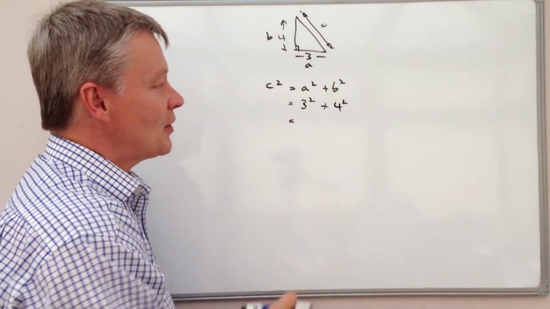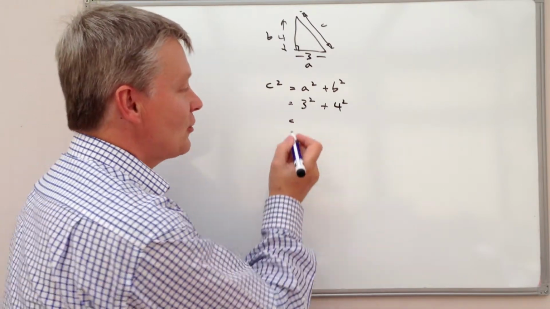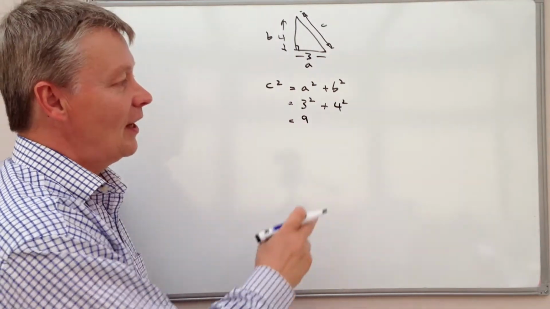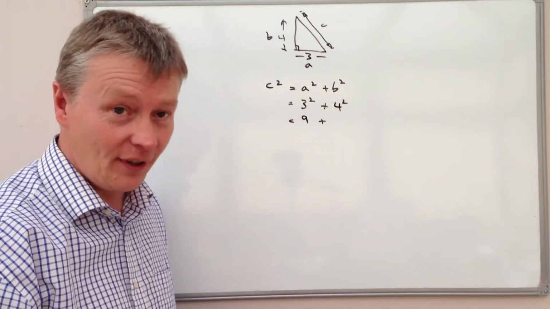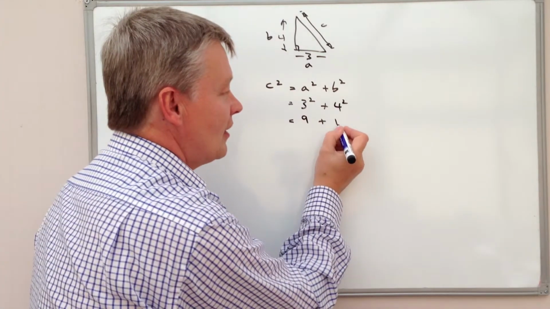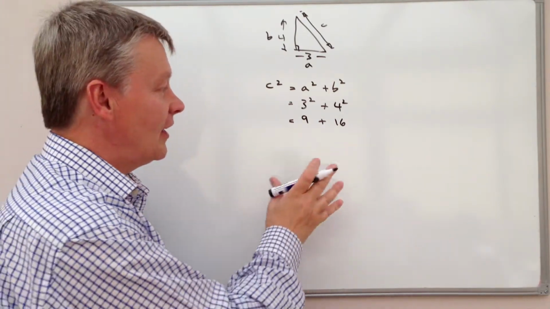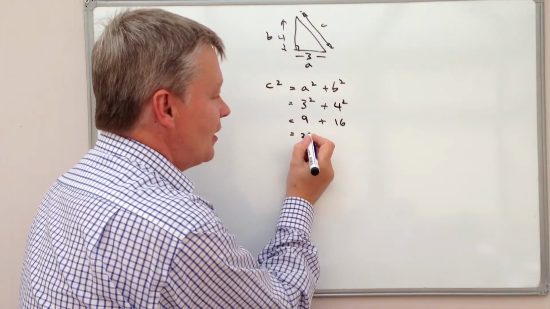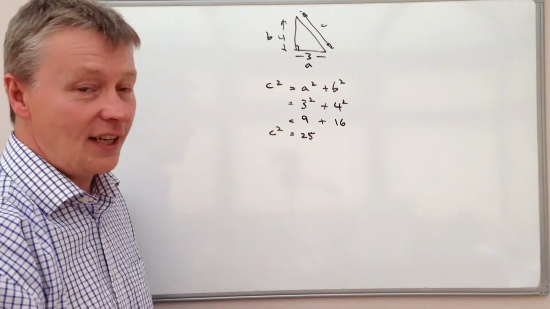Well, 3 squared means 3 times 3, which is 9, and 4 squared means 4 times 4, which is 16. If I add those two together, I get 25. And that 25 is the value of C squared.